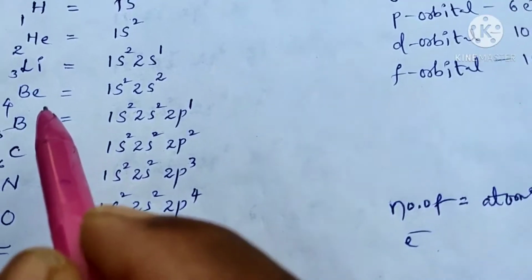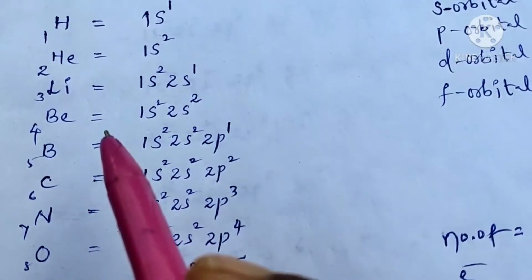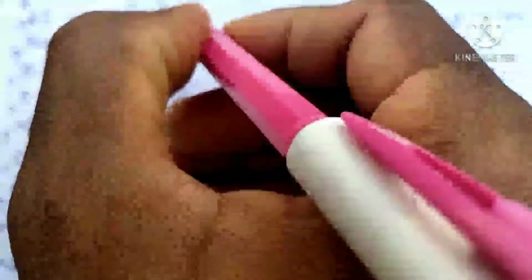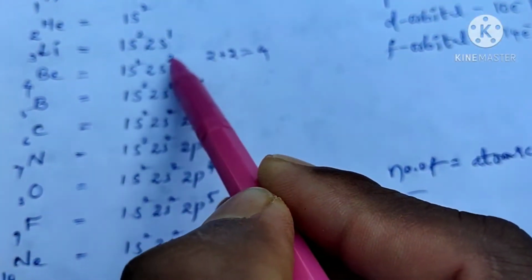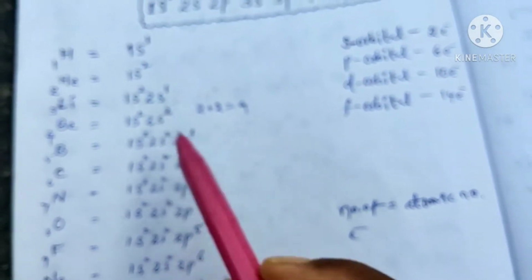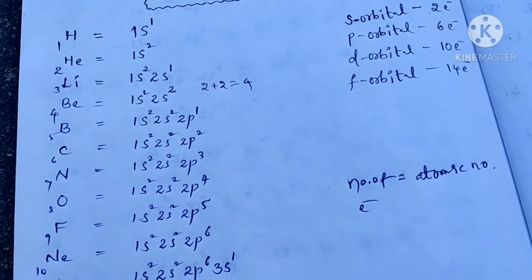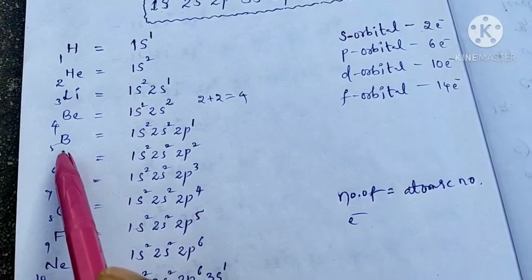Similarly, the atomic number of beryllium is 4. So 1s2 2s2. Here 2 plus 2 is equal to what? 4, right? So 2 plus 2, 4. That is beryllium.